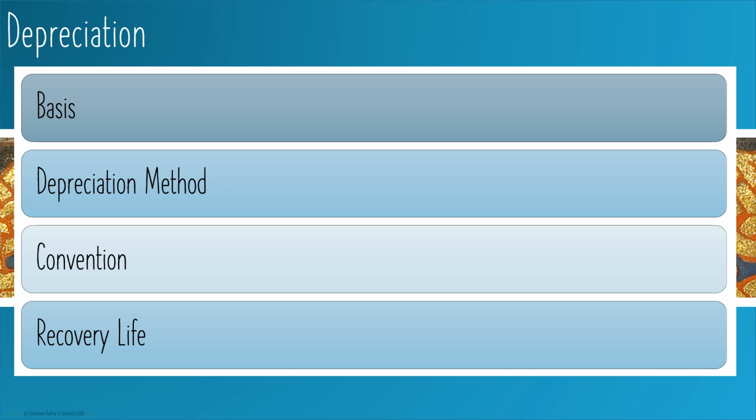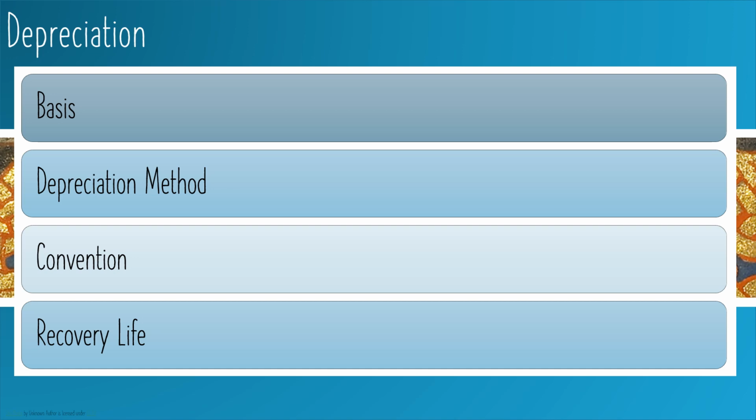You need to know what kind of method the taxpayer is using. There are several methods. I'm not going to go over all of them. I'll just show you the most common one for rentals. Convention, which is at what point do we start calculating depreciation based on whenever this house was placed into service as a rental.